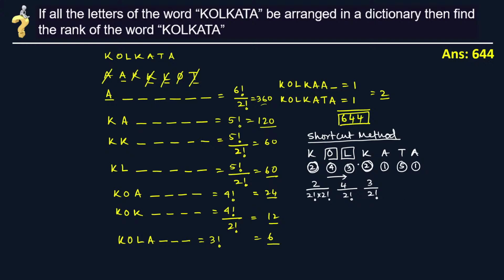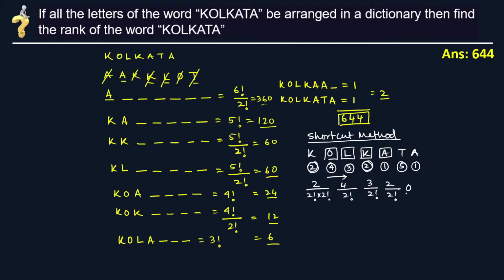Is it clear? Now we are considering the alphabet K. The number which is assigned to is 2. So how many numbers are there which are less than 2? Only 2 numbers are there and both are identical. So it will be divided by factorial 2. Then you consider the alphabet A. How many numbers are there which are less than 1?